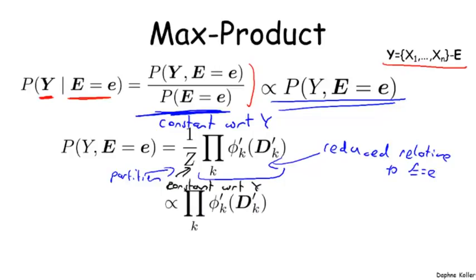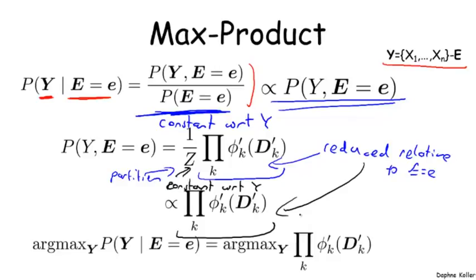And so once again this expression is proportional to a product of the same reduced factors. So what we're trying to do is maximize a product of factors in this more general case as well, which gives us the following optimization problem.